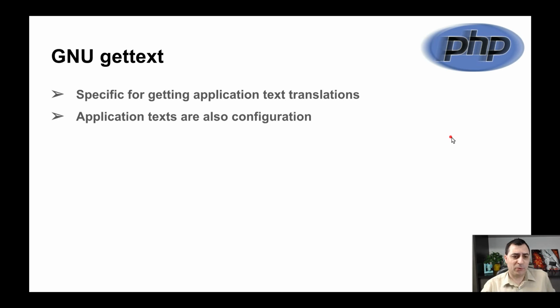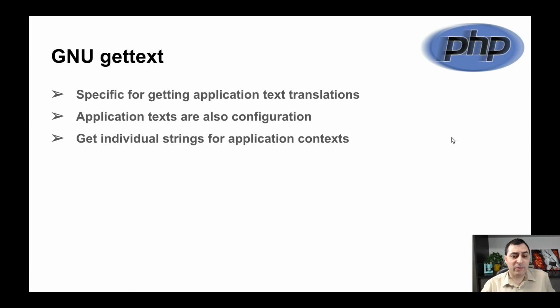Using this format, you can store text of an application, which personally I also consider configuration, because when you are creating an application that is supposed to run with users of different countries that use different languages, you need to switch the text strings, so it is also a very specific type of configuration.